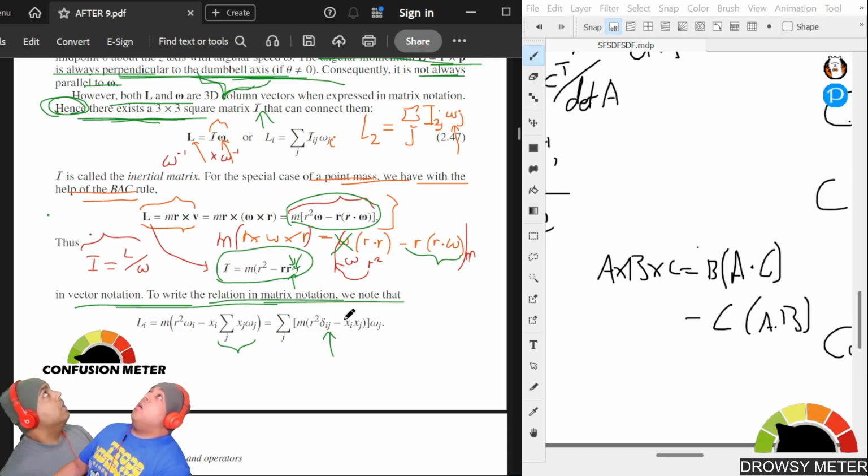We're factoring out omega j for some reason, omega j from here and from here.